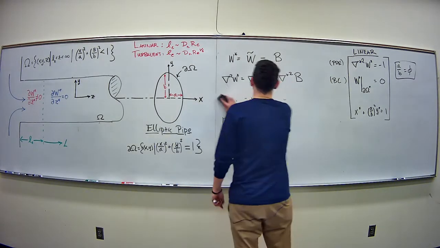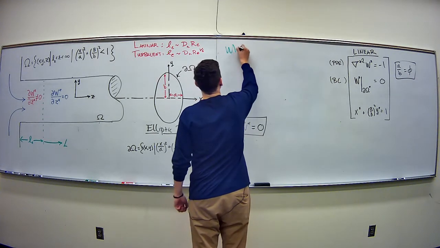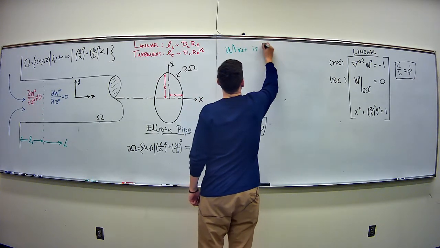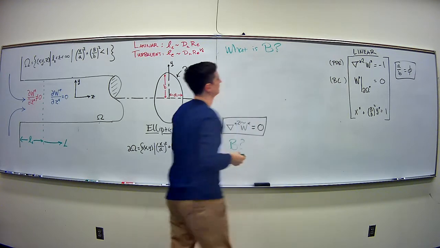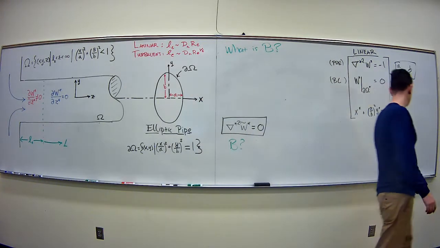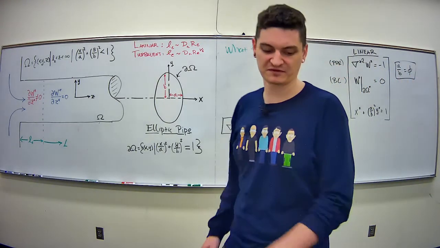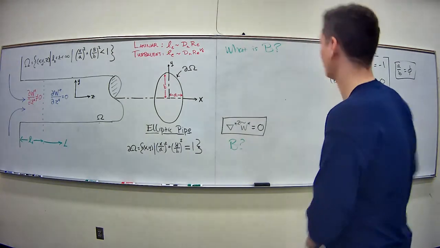So now we have to search for this b function. And there's nothing to do but just maybe guess and check at this stage. There are more rigorous ways to do this. There's actually a fundamental solution to this partial differential equation, but I like the discovery part.